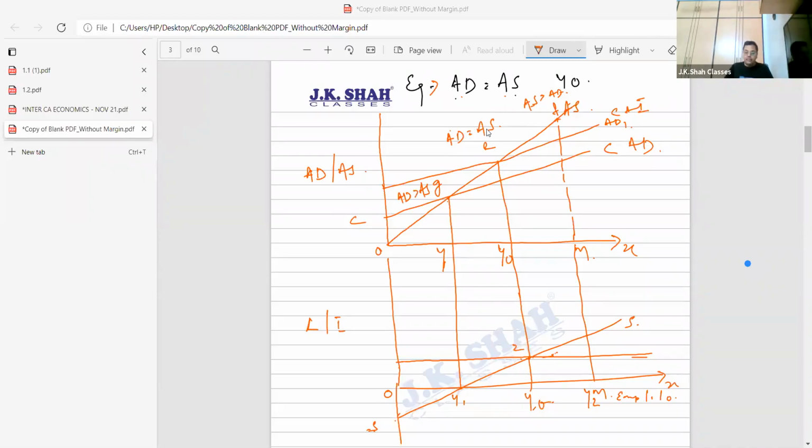at point E. Write in a bracket against that equilibrium point, corresponding to Y0 level of income.